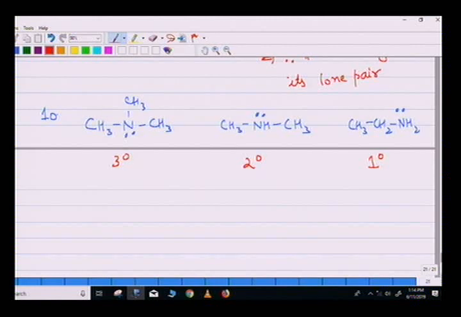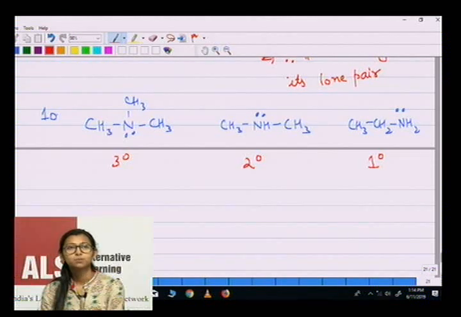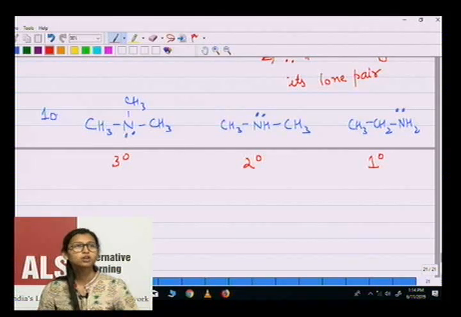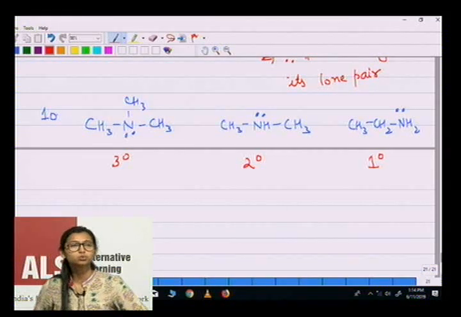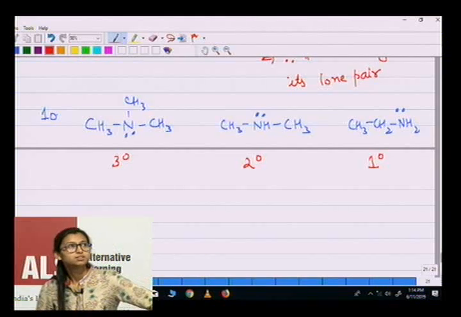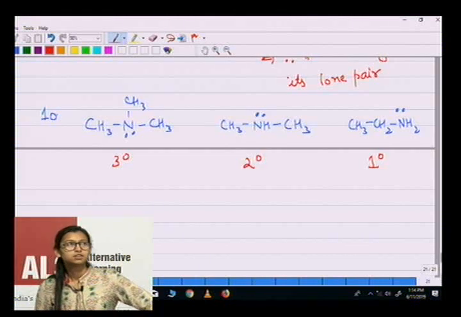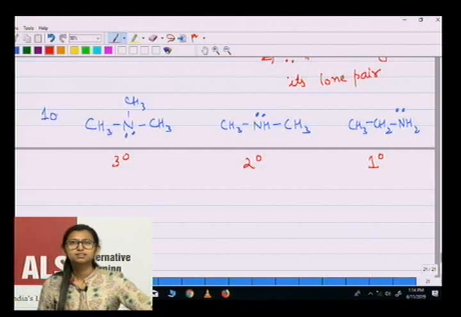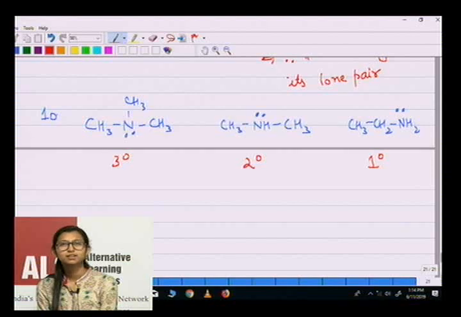3, 2, 1. 3-degree, 2-degree, 1-degree, right? You are writing this thing. No? What? 3-degree, 2-degree, 1-degree? Okay, how many of you are with 3-degree, 2-degree, 1-degree? Raise your hands. Why?